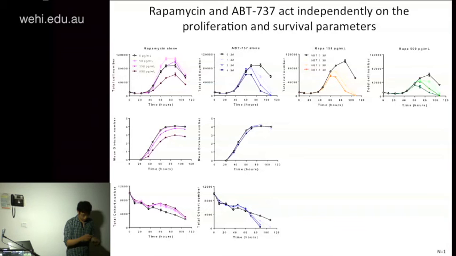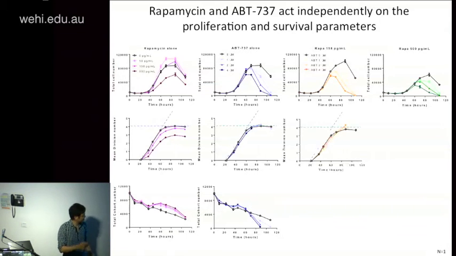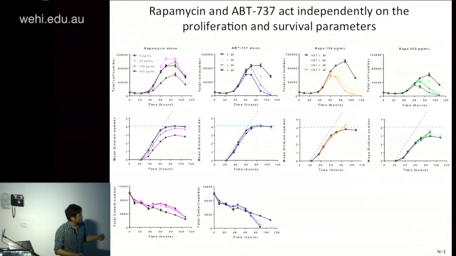Next, we want to know how they are affecting proliferation. As you can see, ABT-737 has no effect on proliferation, so the effect is only by rapamycin. At rapamycin 500 picograms per ml, ABT-737 has no effect, and the effect you see is only by rapamycin.